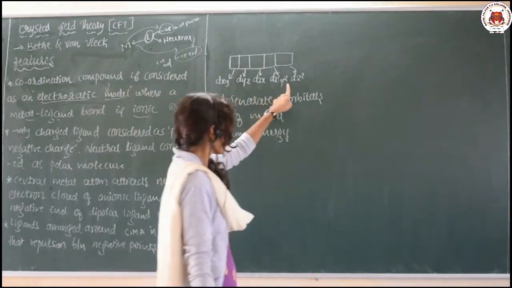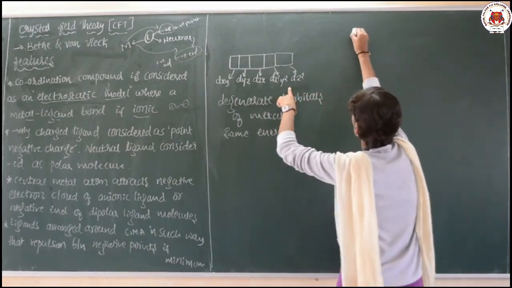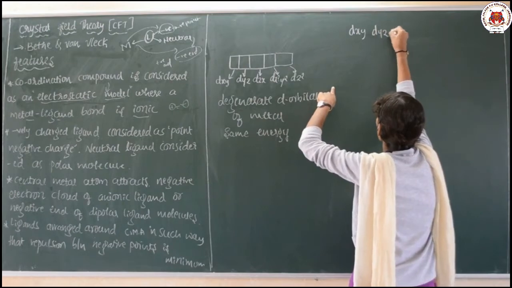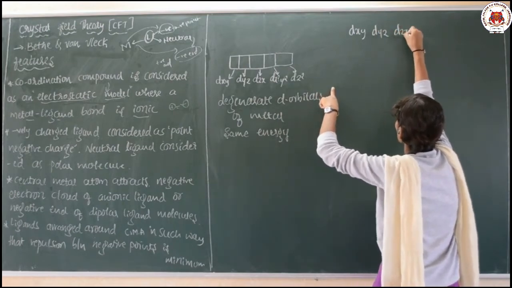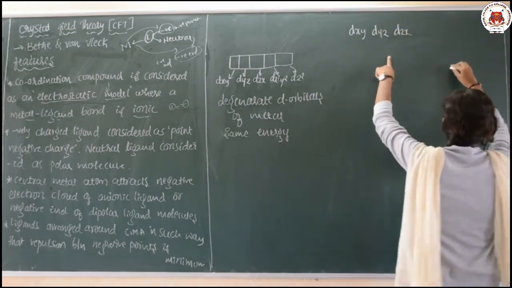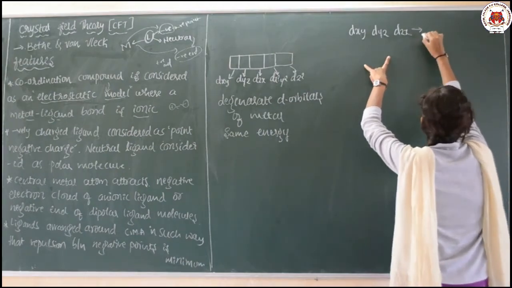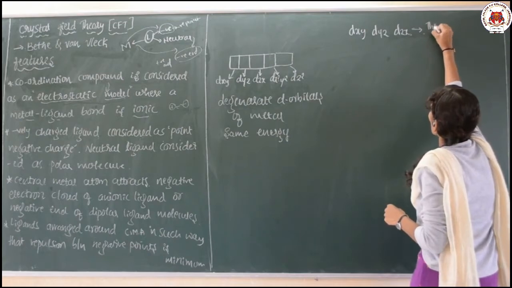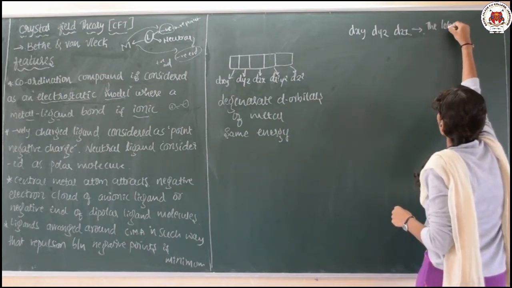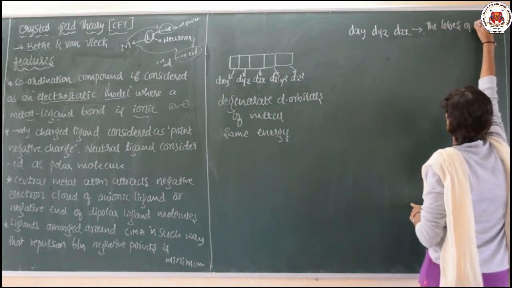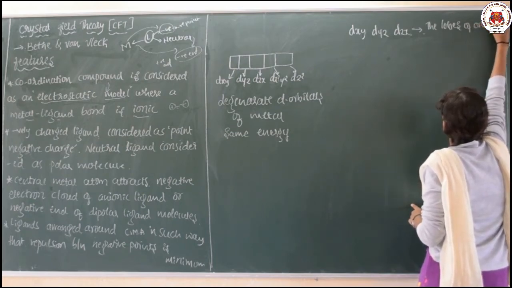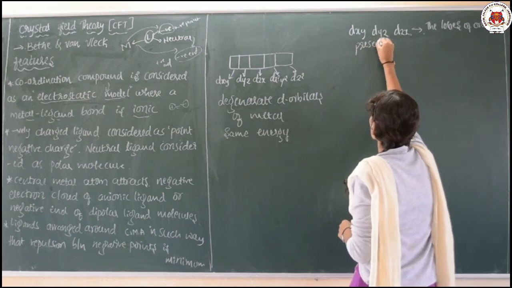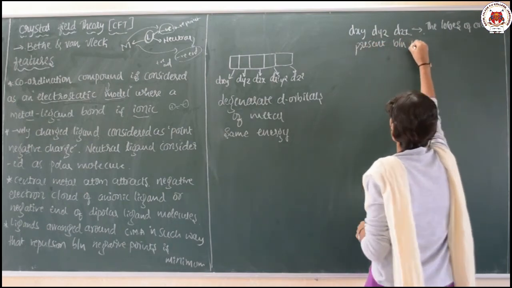And here, among these five orbitals, dxy, dyz and dzx are the three orbitals where the lobes of the orbitals are present between the axes.